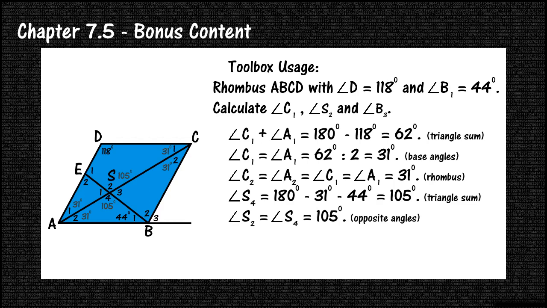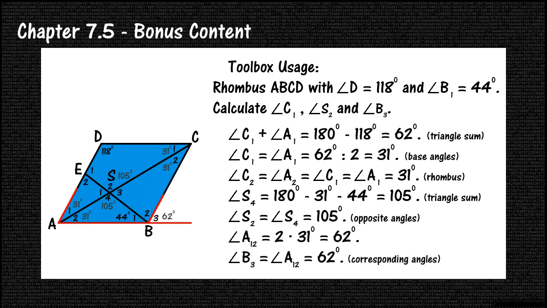To figure out angle B3, I managed to find this F shape. And because angle A12 is equal to 62 degrees, by the corresponding angle rule, angle B3 is also 62 degrees. And here are some of the remaining angles in case you took a different approach.